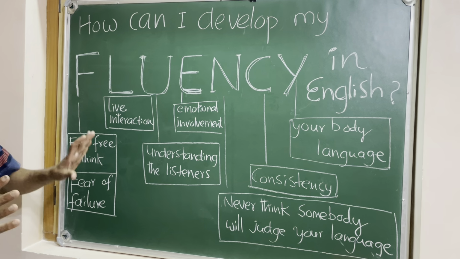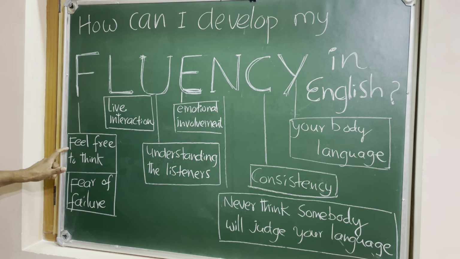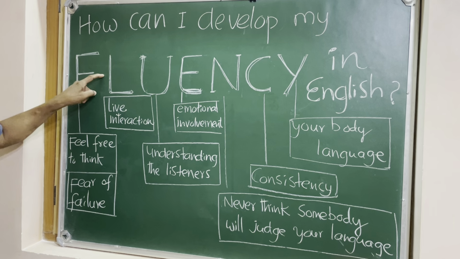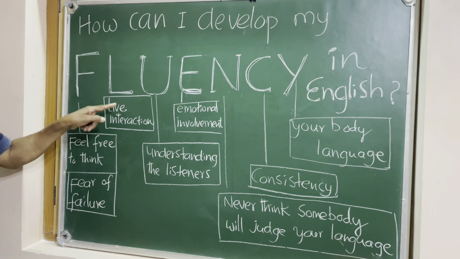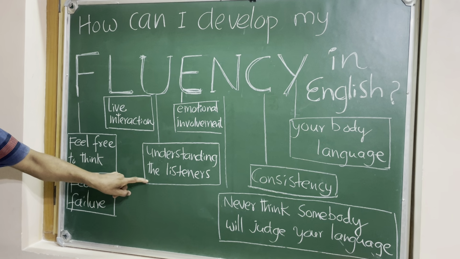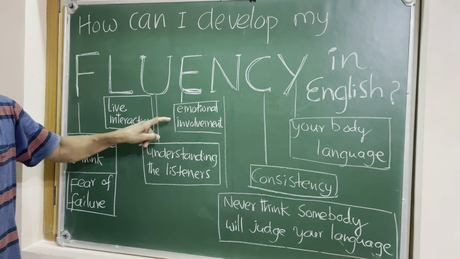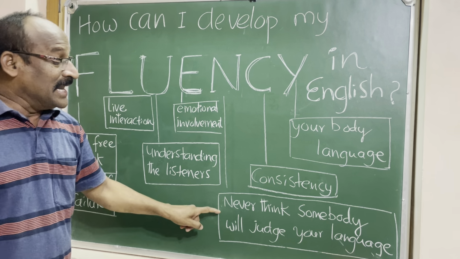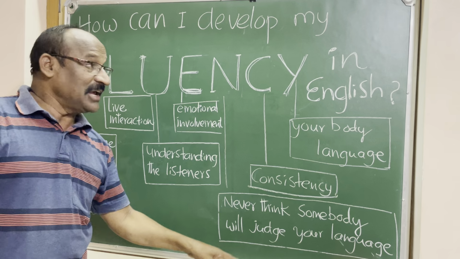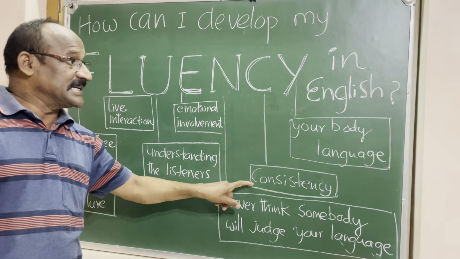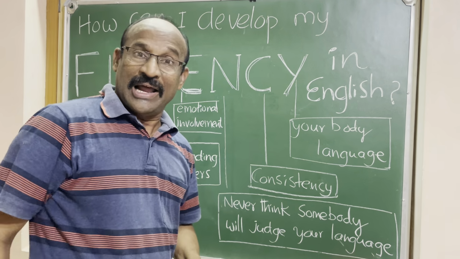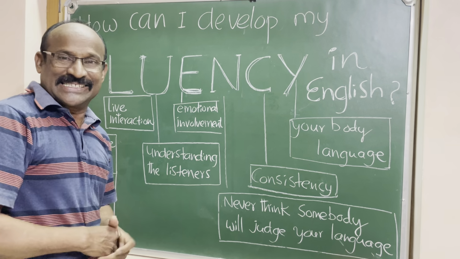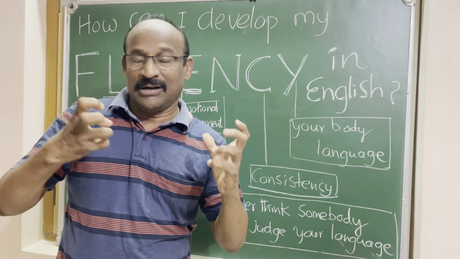F for feel free to think and fear of failure, L for live interaction, U for understanding the listeners, E for emotional involvement, N for never think somebody will judge your language, C for consistency, and Y for your body language. All these 7 letters give a lot of information.